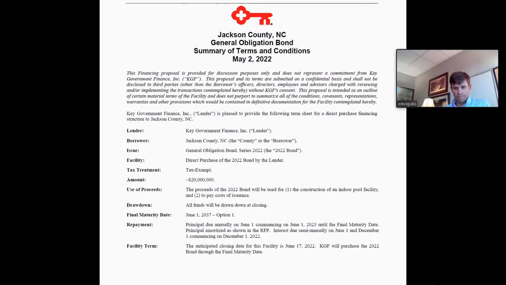And if the board chose to vote on this tonight, that would allow us to lock in the rate this week. And then we would need to come back next week. There is a resolution that the LGC wants you to formally adopt, and they're fine doing it after we've locked in the rate. We would want you to formally adopt that resolution next Tuesday. That's correct, right, Mitch? Yep, that's right.